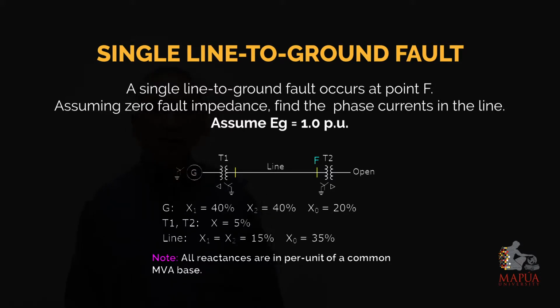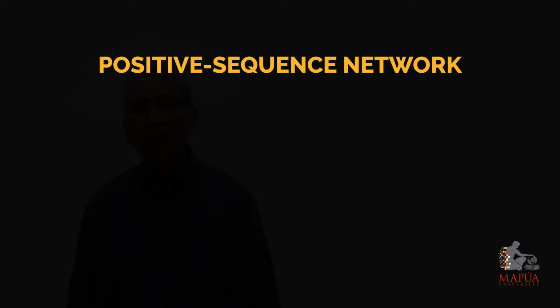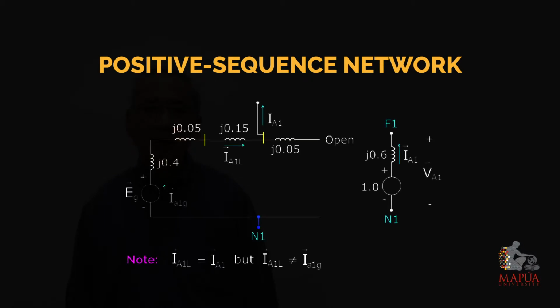Now, considering the location of the faulted point, we can redraw the positive sequence network following this one-line diagram. This represents the positive sequence network. We place the positive sequence reactances, likewise the generator, and indicate the location of the faulted point, which we call F1.